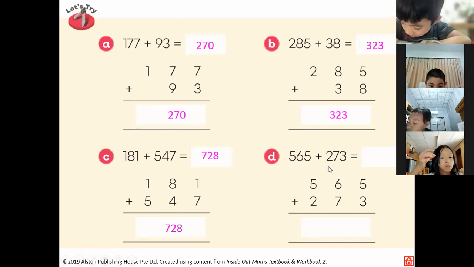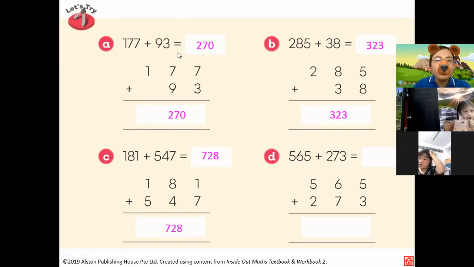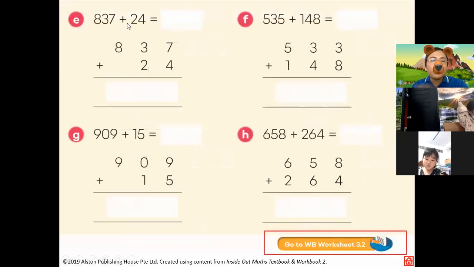What about for letter D? 565 plus 273. 838. Very good. What about for letter E? 837 plus 24. 861.